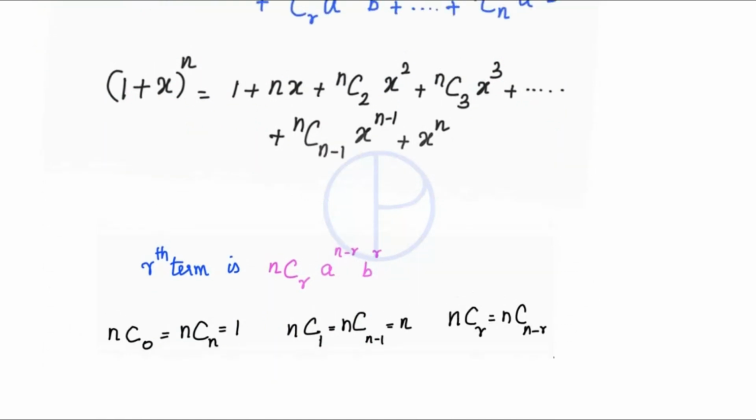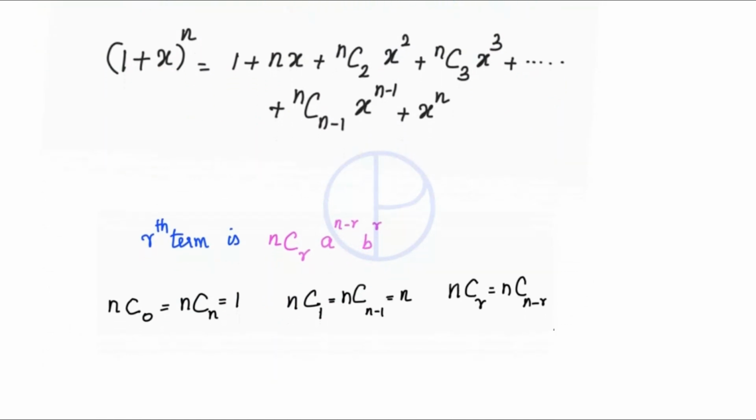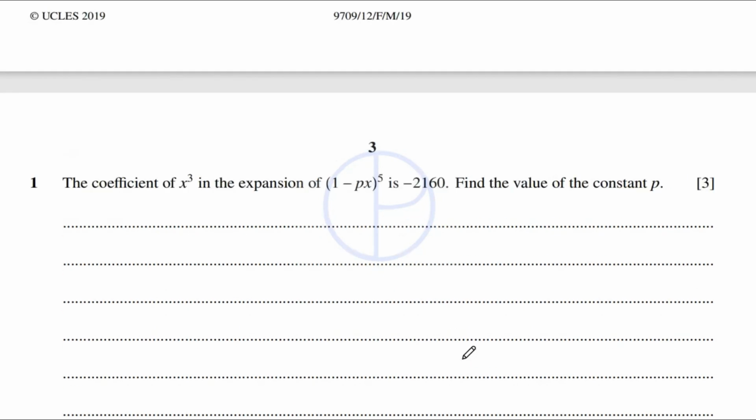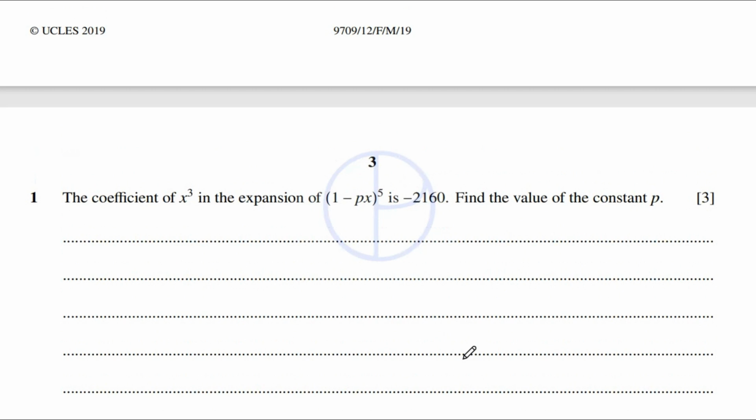So the rth term is nCr multiplied by a power n minus r multiplied by b power r. The term is 5Cr multiplied by 1 power 5 minus r multiplied by (minus px) power r.